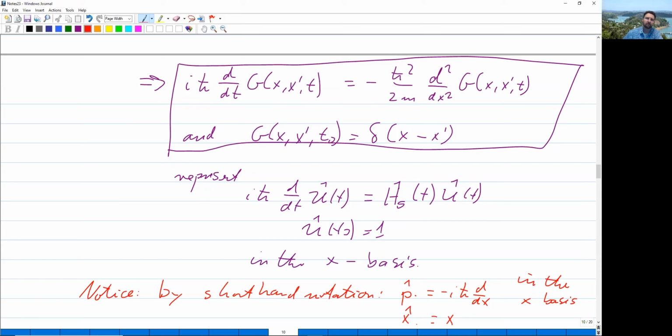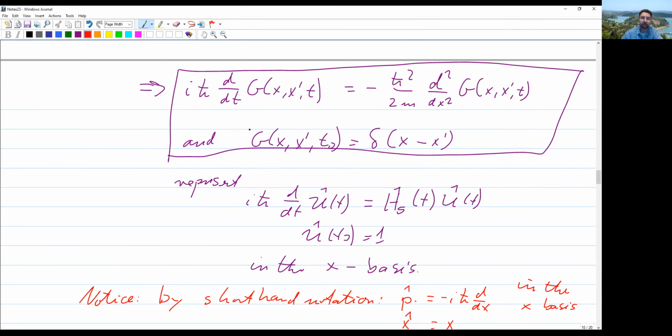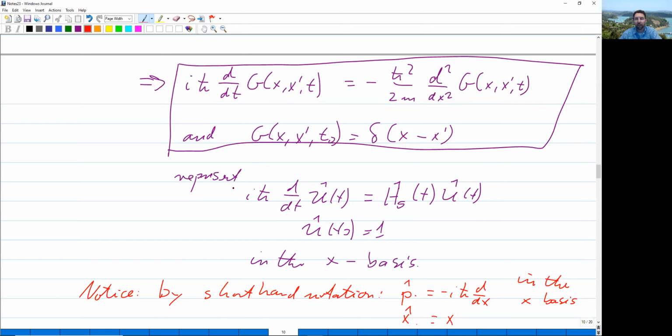Right? So this was the shorthand notation for x hat and p hat's action on position in the x basis. So therefore, we can write this also as equal to p hat squared dot divided by 2m acting on g of x and x prime of t, right? Because the p hat dot is minus i h bar d by dx. P hat dot squared is minus h bar squared, second derivative.